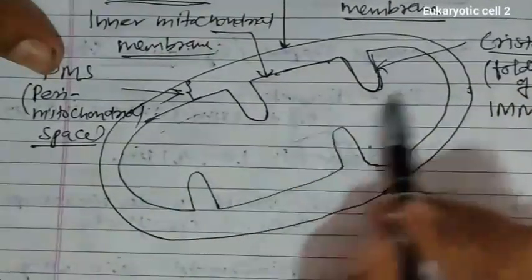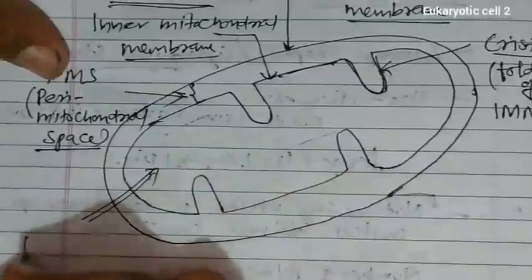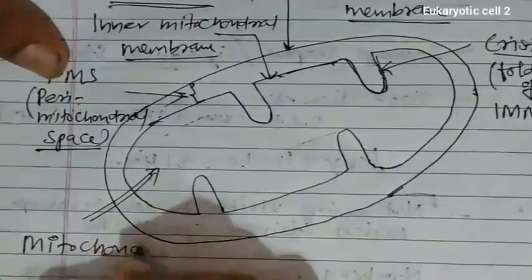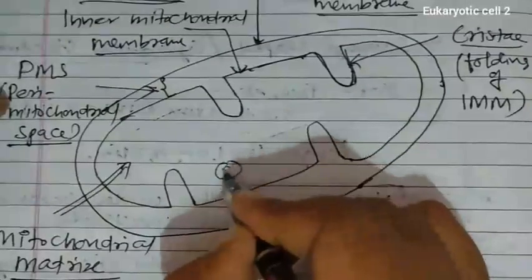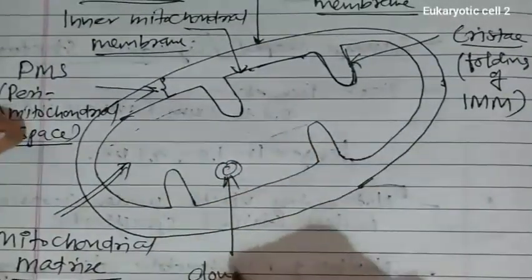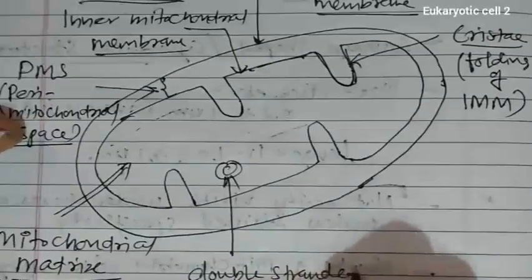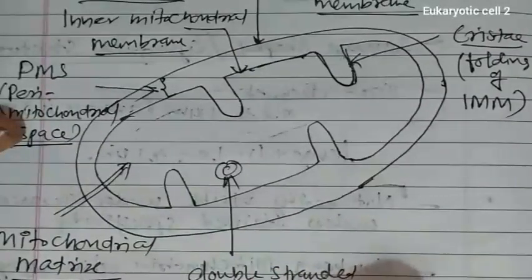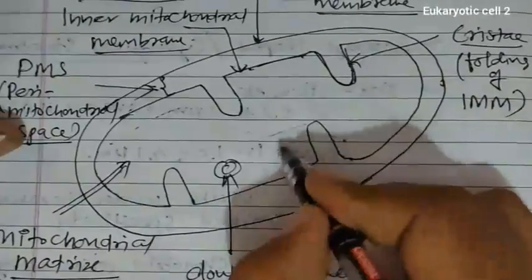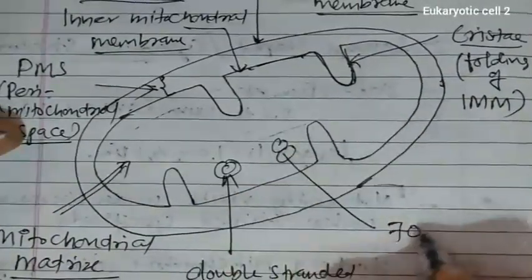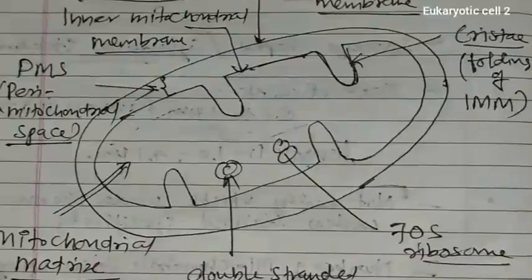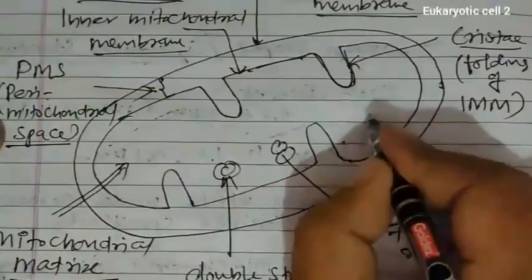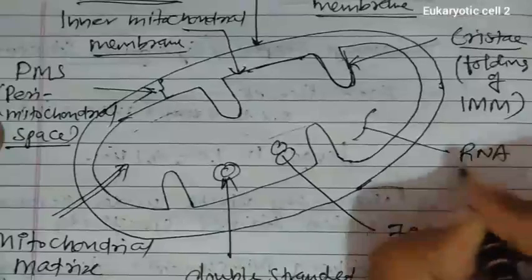This is the mitochondrial matrix, and in the matrix you will find one double stranded circular DNA, then you find 70S ribosomes, which are similar to prokaryotes, and some RNA.